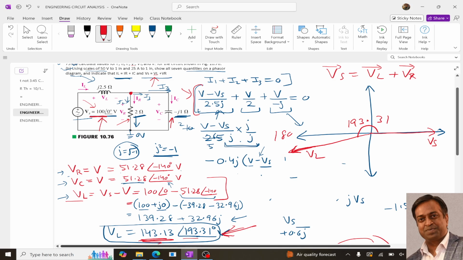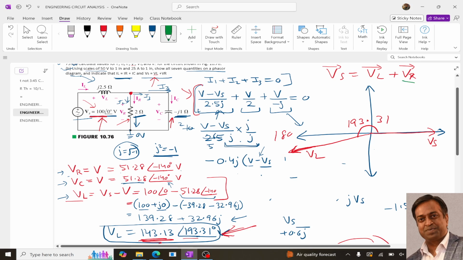And from this you can note down that instead of 193, we can also say that it is 360 minus 193, but then it will be in negative form, right? So we can have this angle as 166.69, but in negative form, right? So 193 is equal to minus 166.